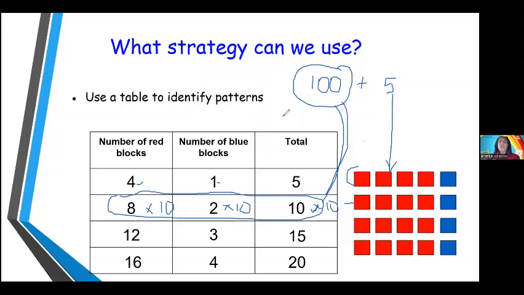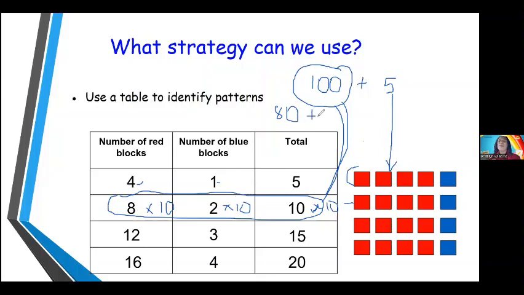Okay, so here we go now for the 100 blocks. When we have 100 pattern blocks, there are colored blocks here, we are seeing that 8 multiplied by 10 would now give us 80. So we are seeing that 80 of the 100 blocks are red blocks. And then 2 multiplied by 10 gives us 20.